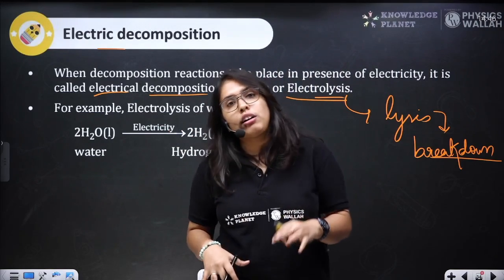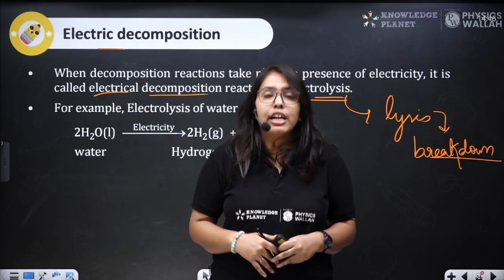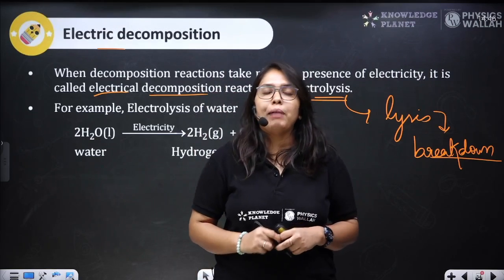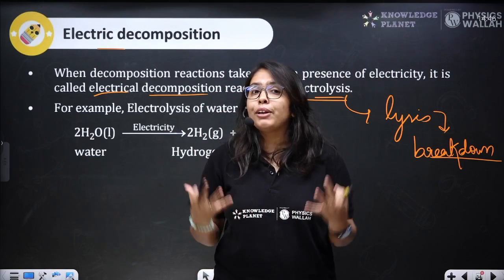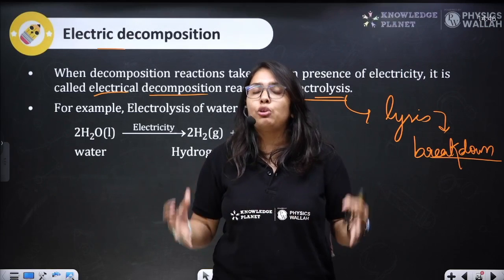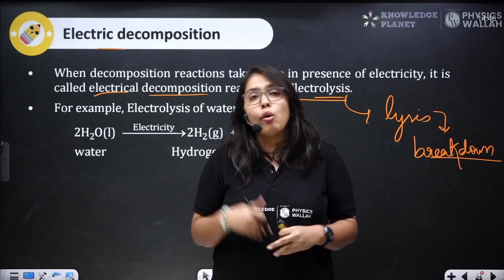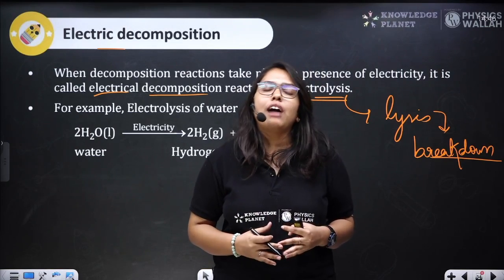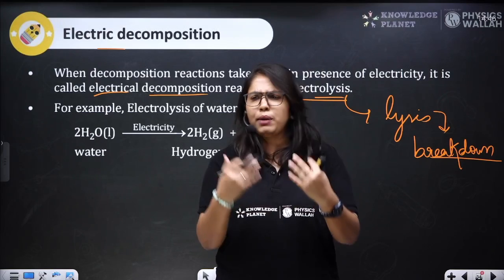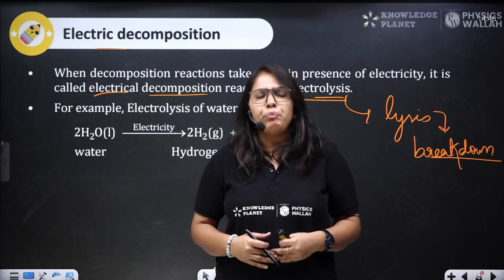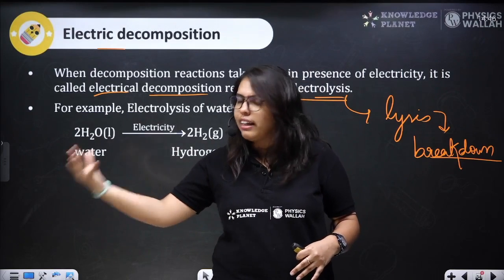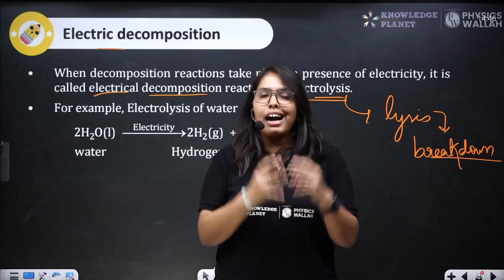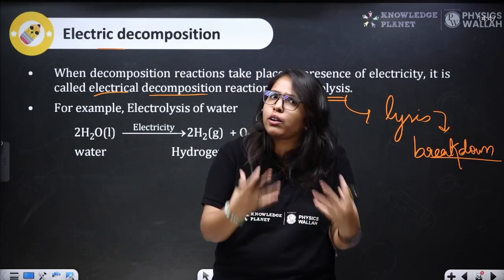Whether or not they ask you to balance a reaction, if you're writing a reaction, it is your duty, it is your responsibility to balance it, because the law of conservation of mass must stand true. All right. So if there is a question asked regarding decomposition reaction, you're going to explain all the three types, thermal, electrolytic, and then obviously photolytic, right? Now when you're putting forth this along with explanation, you will also write down the equation.